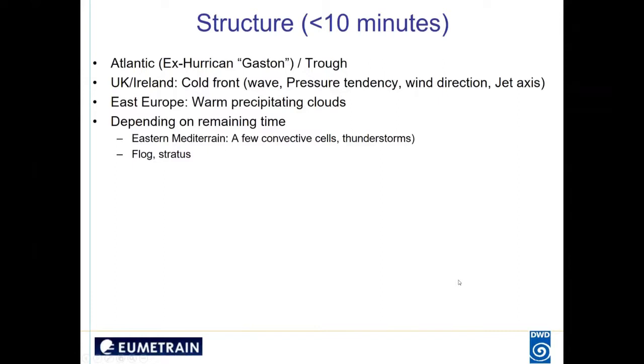Then in detail about the cold front as a wave over the UK and Ireland, and I will show you some things about stress or tendency, wind direction, jet axis in this context. Eastern Europe, we have some warm precipitating clouds. And then if you have some time, but I do not think so, a few convective cells over the Eastern Mediterranean and fog stratus, but I think we will only cover the first three topics.